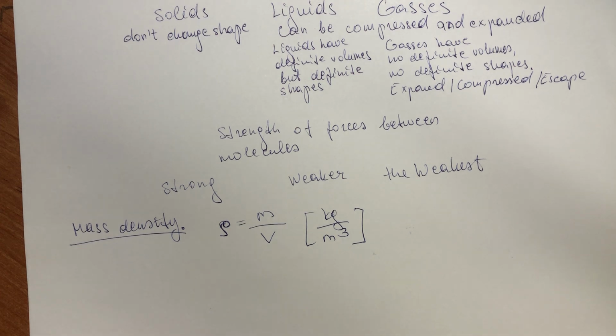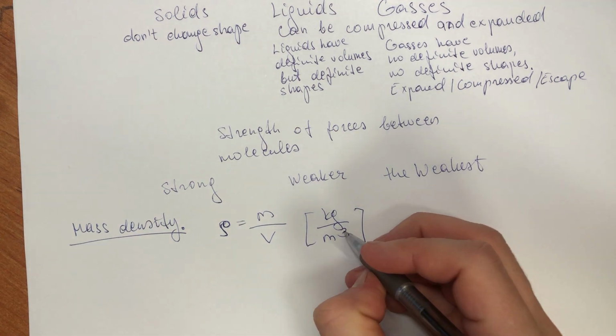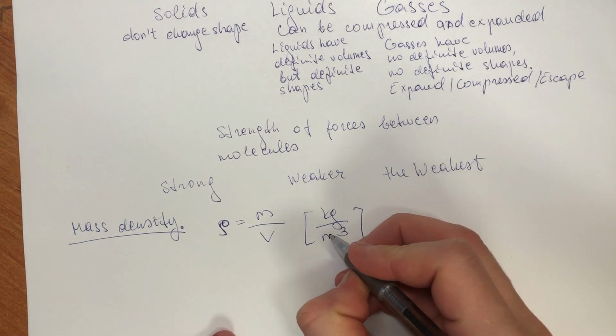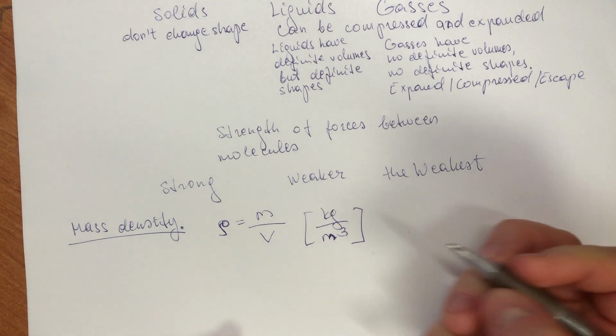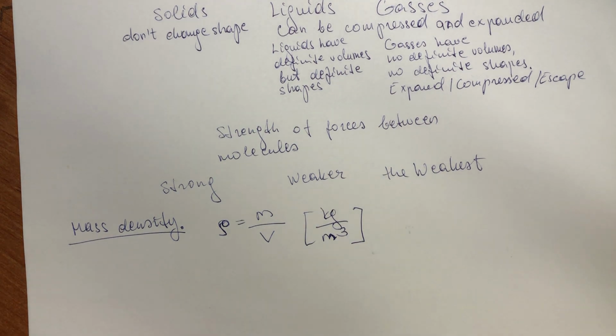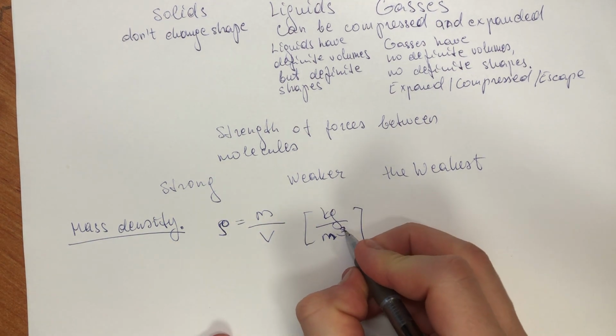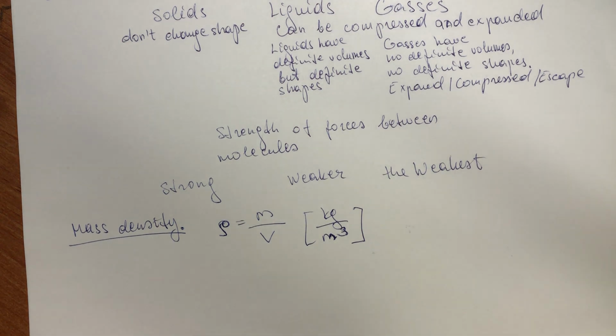It depends on the units that you measure, but usually it is kilograms per meter cubed. Solids have the highest mass density, because the atoms are closest to each other.